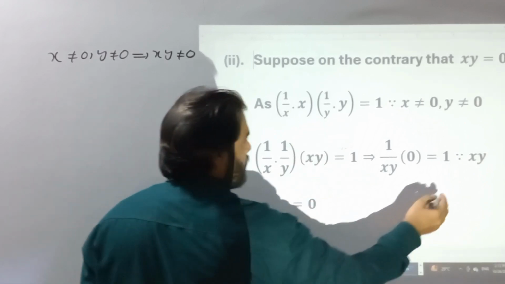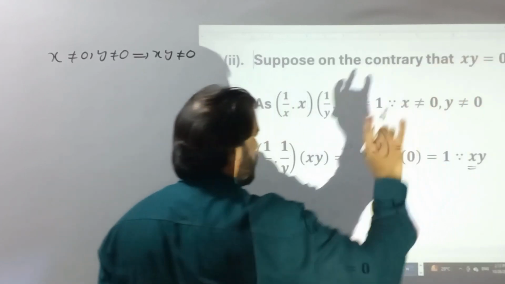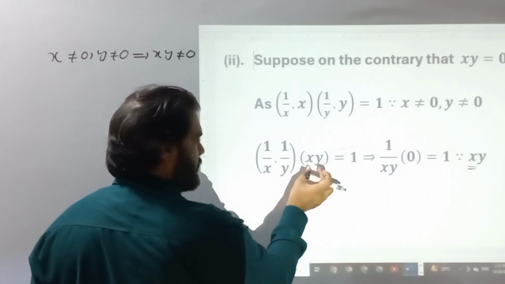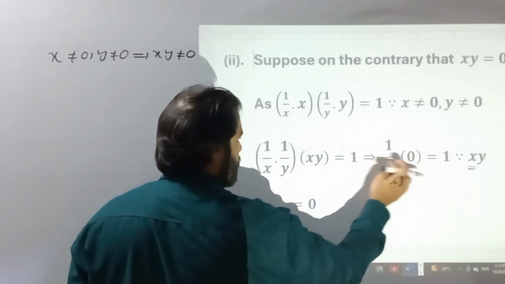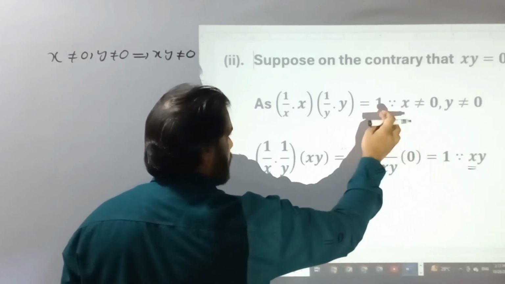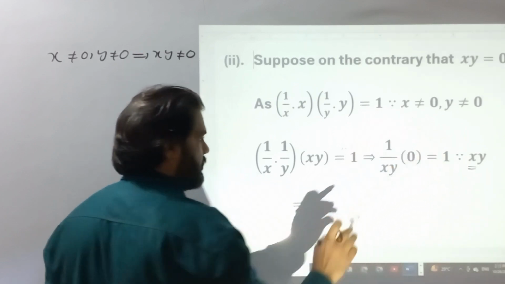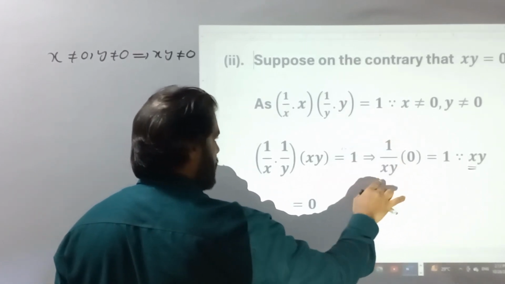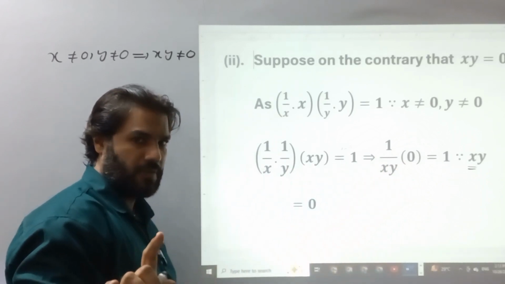Now it is given that the product xy is equal to 0 by our assumption. So by replacing xy equal to 0 here, this will become (1 over xy) into 0 equal to 1. That is the right side here. Now this number 1 over xy when multiplied with 0 will give us 0. Remember that x and y both are non-zero, so this will not lead us to an indeterminate form.